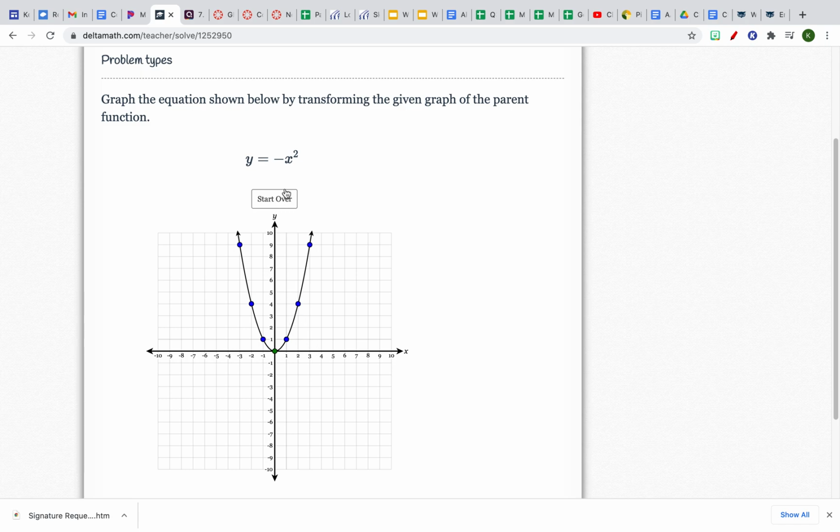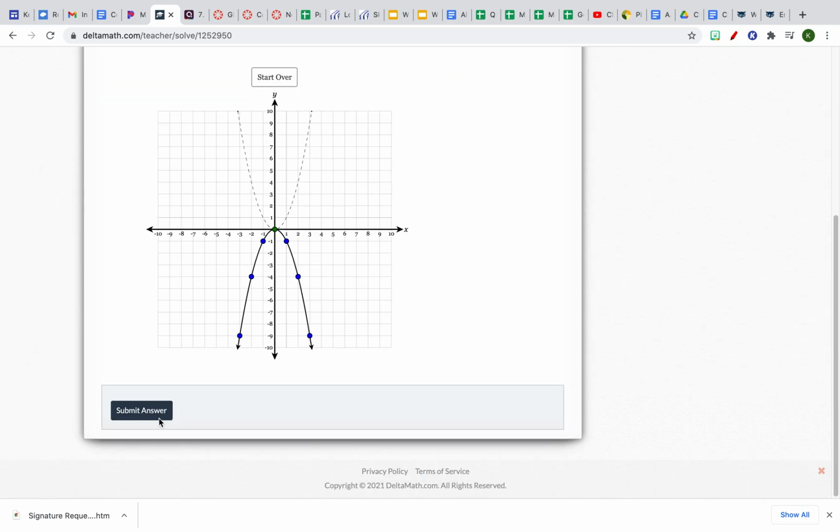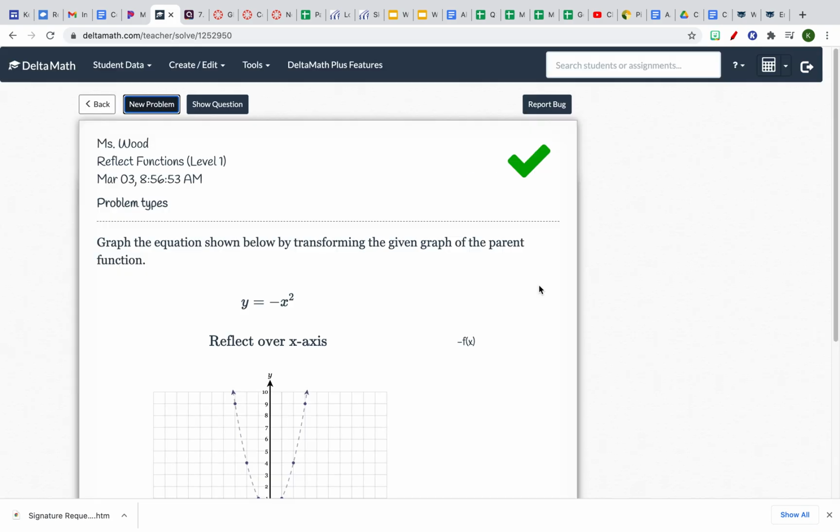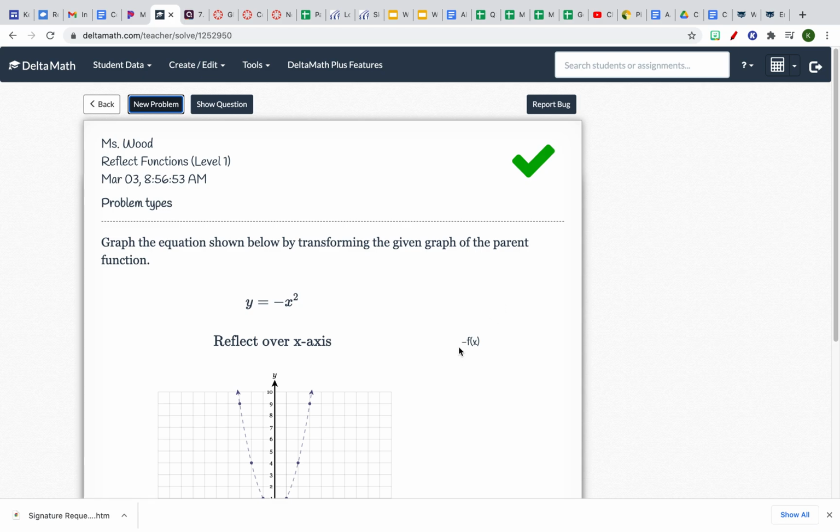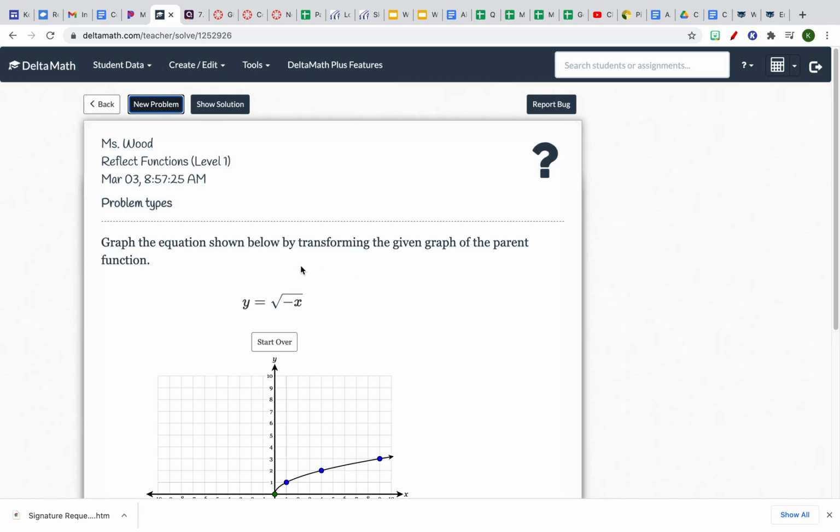No, this one I'm going to flip over the x-axis, because it's in front. This is inside, so I would reflect it across the y. Out front reflects it across the x.